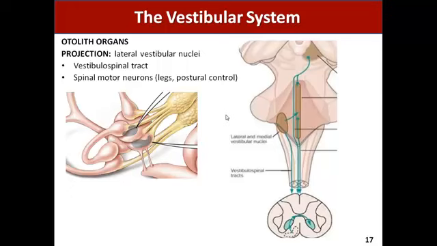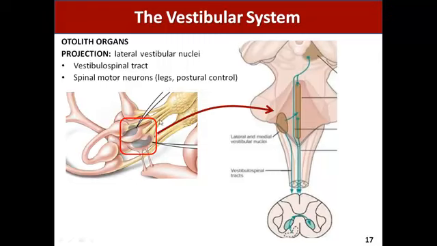And so this is a fairly rapid, somewhat stereotyped movement in which we can quickly translate information regarding our head position with respect to gravity, linear accelerations, to activating muscles in our legs that are primarily involved in postural control.